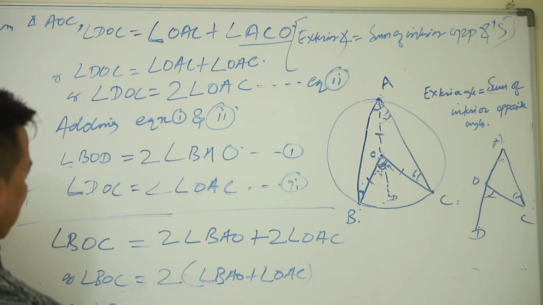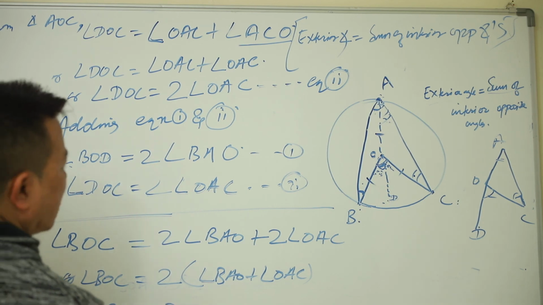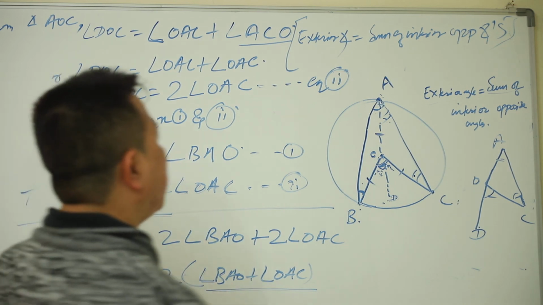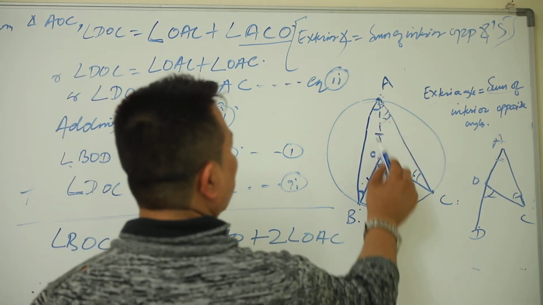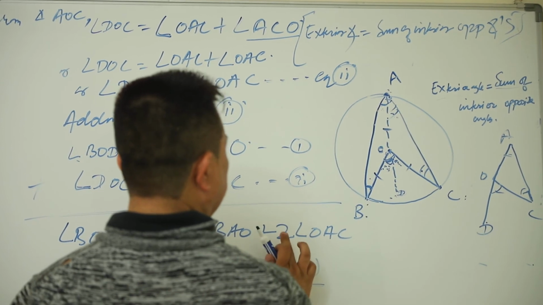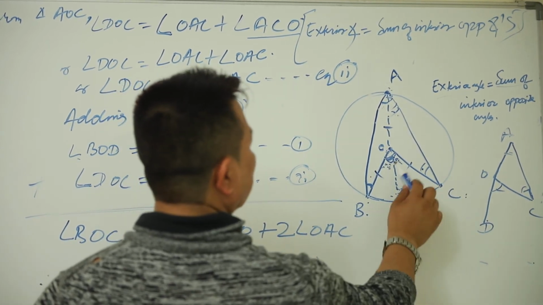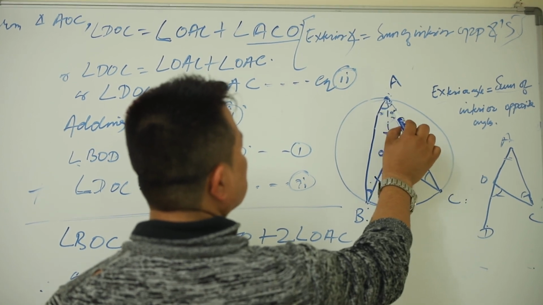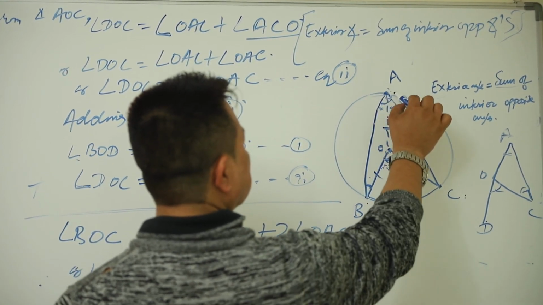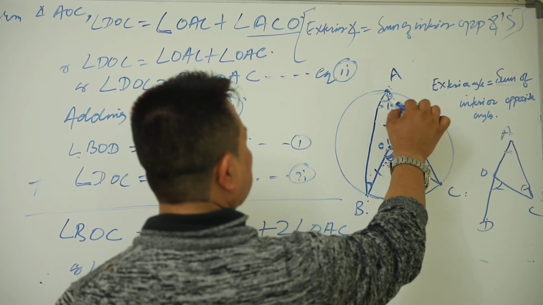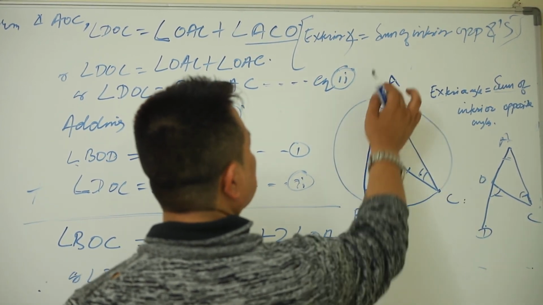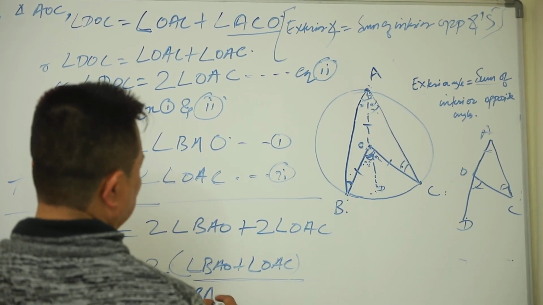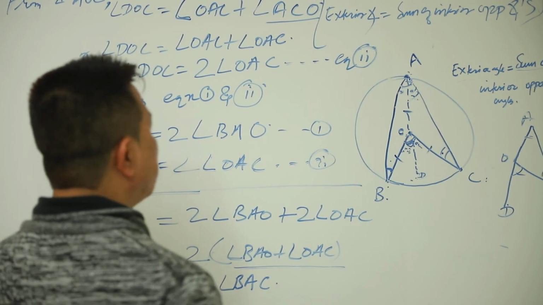Angle BAO is this angle, and angle OAC is this angle. When you add these two smaller angles, you get this greater angle. What is the name of this full angle? Angle BAC. So angle BOC equals twice angle BAC.